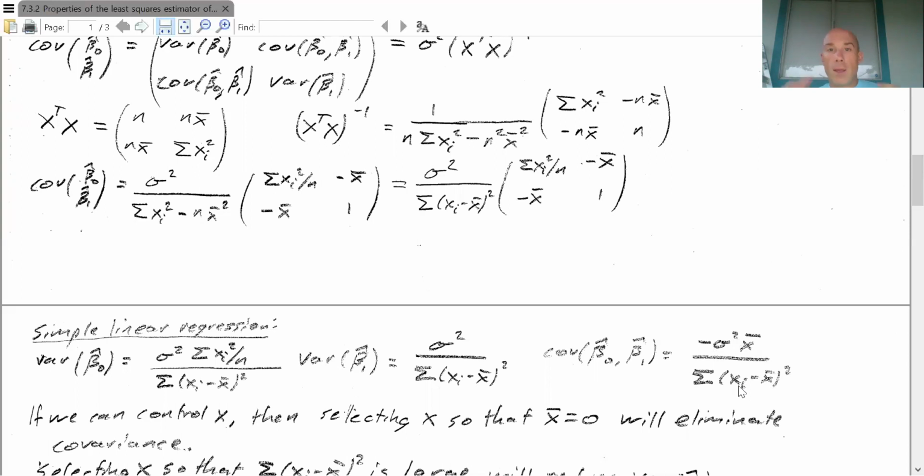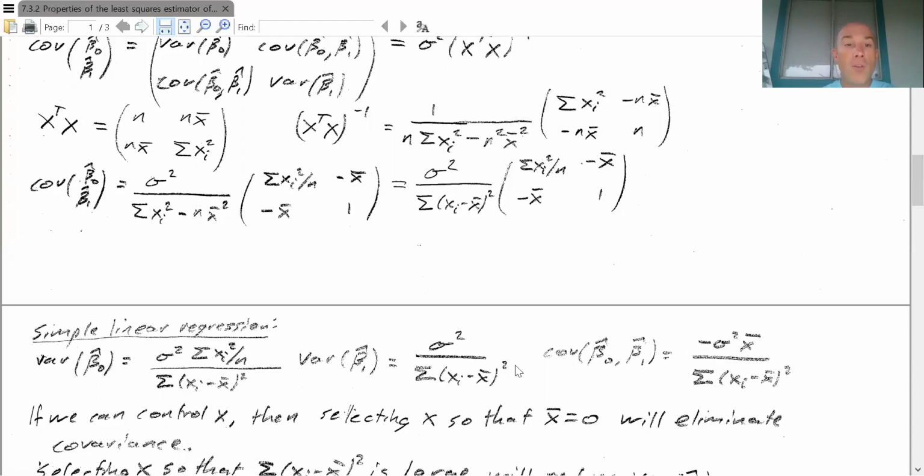Okay, so one thing to think about is if I'm in a situation where I get to control what the x values are, like in a design of experiment situation. Well, if I set it up so that x bar is equal to 0, then I know I'm going to have 0 covariance between the intercept and the slope estimates. That's very nice.